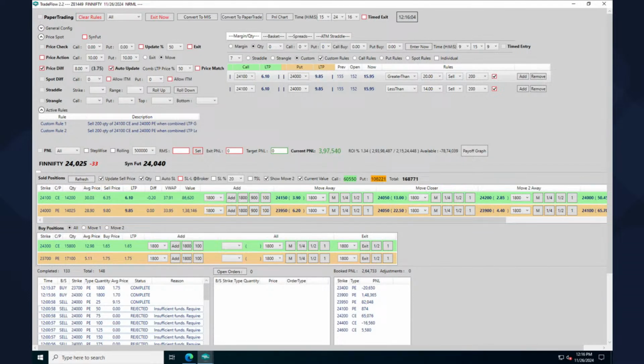I'm left with only 10 lakhs capital right now, which I think is sufficient to execute these two trades in case any of these conditions hit. Here the condition is that if the combined premium goes above 18, I'm going to sell 200, and if it goes below 14, again I'm going to sell 200. That's the condition. Let's see if this condition is going to be met.